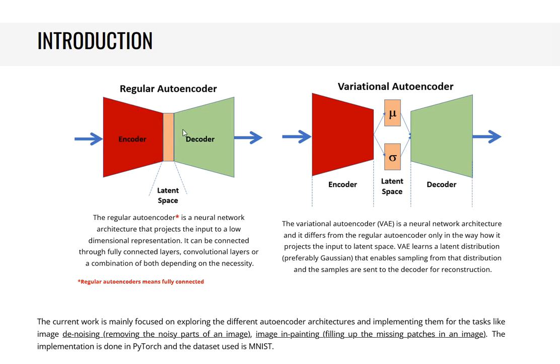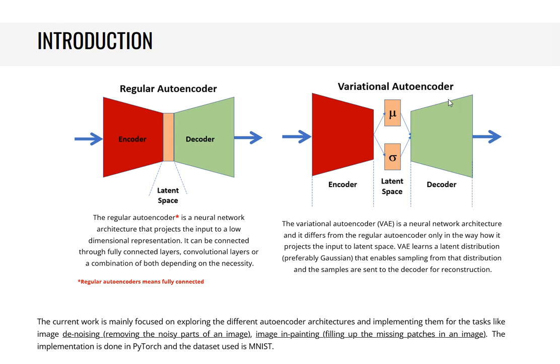This is then fed into a decoder that tries to reconstruct the input data. The output of the autoencoder is compared with the input through a loss function like the mean squared error in the case of a regular autoencoder.